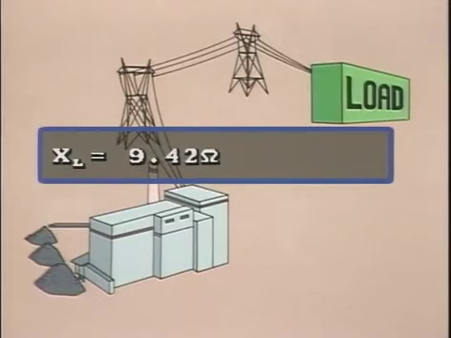Multiplying these values, we find that X sub L equals 9.42 ohms. So the total inductive reactance of this 25-mile-long conductor is 9.42 ohms.